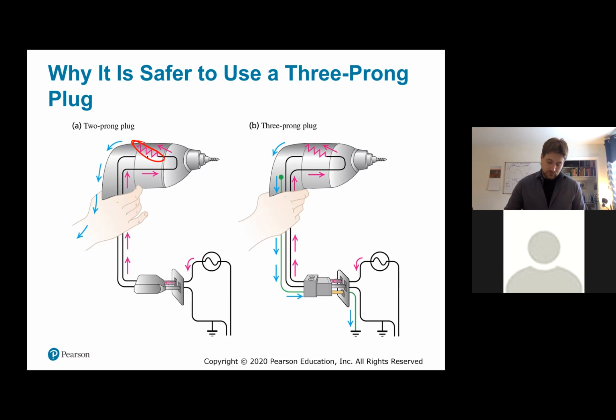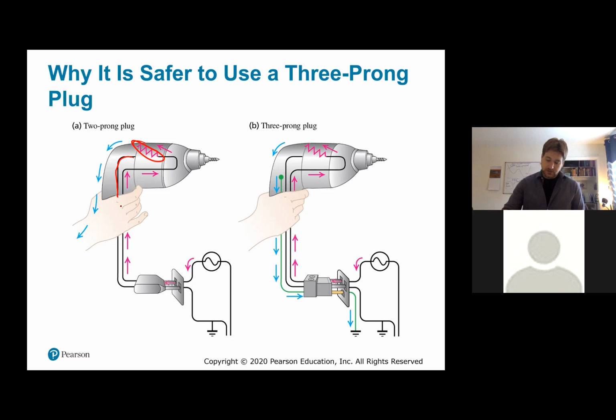The power supplied might be communicated through the housing of the device and can't get back to this line. That circuit's broken, so it's going to travel through the next thing that it can, and maybe that's you, which we'd rather not happen. The third prong is an extra bit of safety.